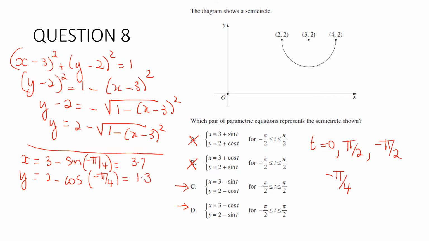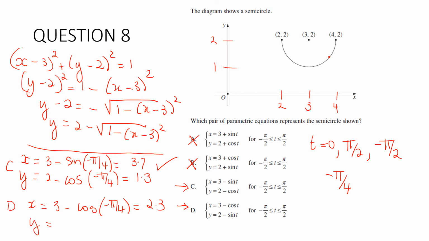Now let's just put some numbers on this graph. This is 3, 2, 4. That is 1, and that is 2. So the point (3.7, 1.3) is probably good. Now when we check D, so that's C, here's D. x = 3 take cos(-π/4), and that is 2.3.